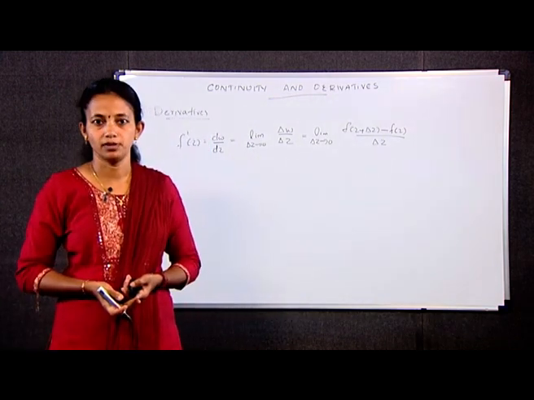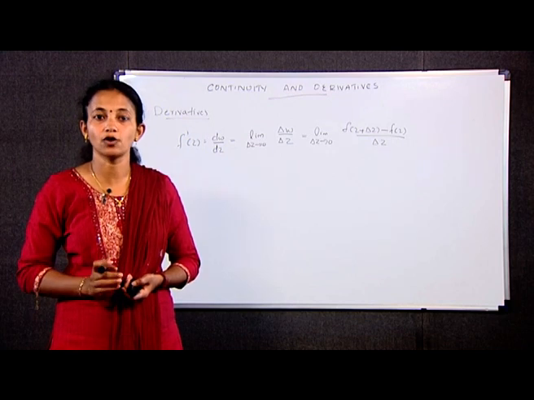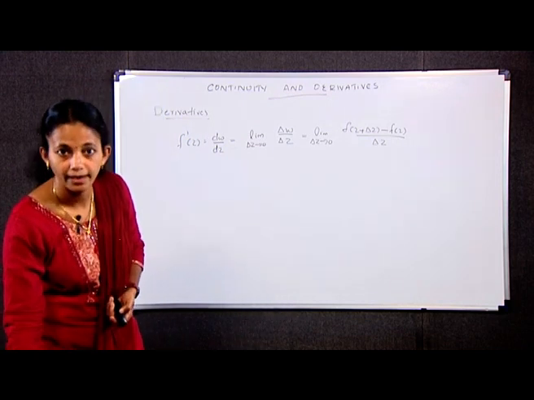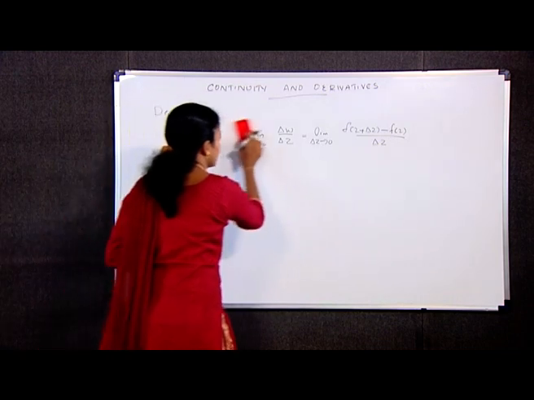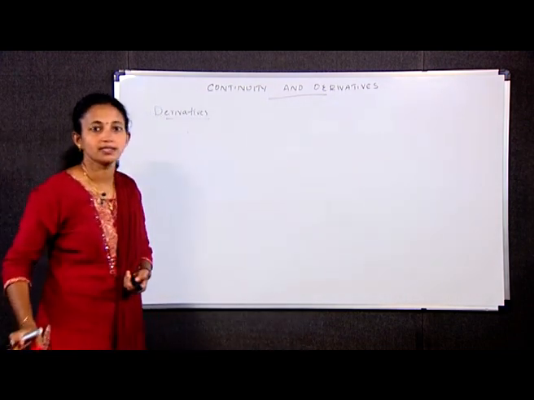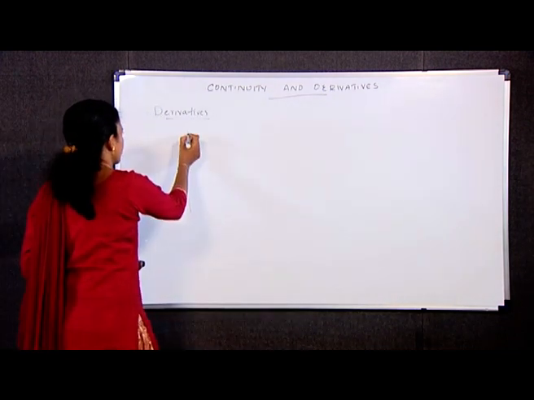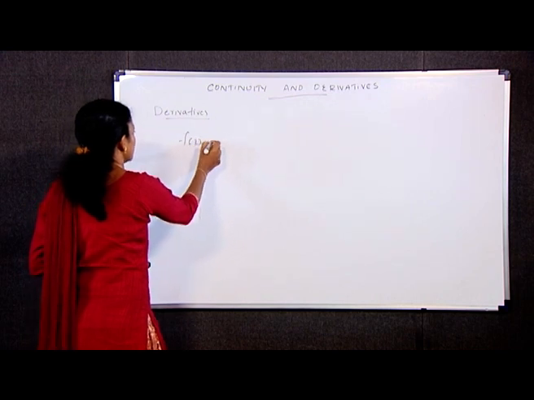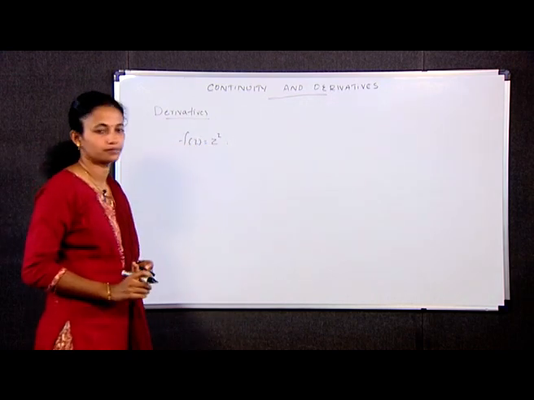Next we have an example. Find the derivative of f(z) equal to z square at any point z. At any point z we have f(z) equal to z square.